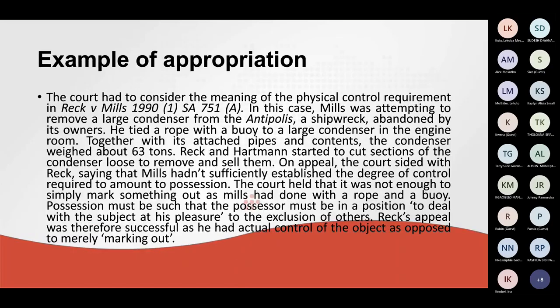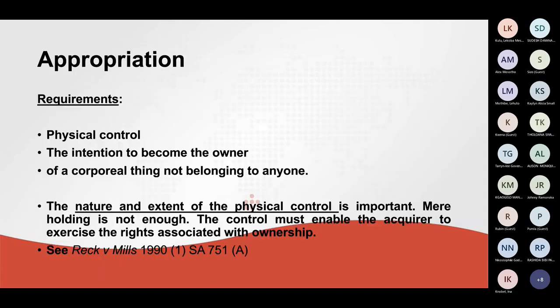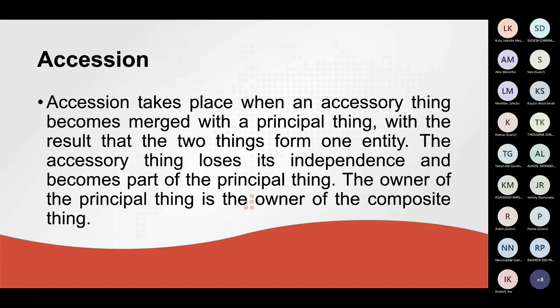In this case, Mills did not have physical control of the thing, whereas Rick and Hartman did. So the court decided that Rick and Hartman were the owners of the large condenser because they had physical control, whereas Mills only had a holding of the large condenser.